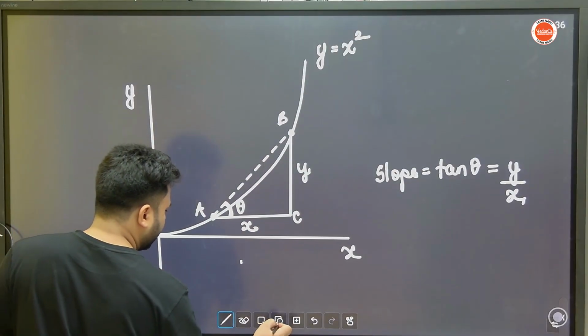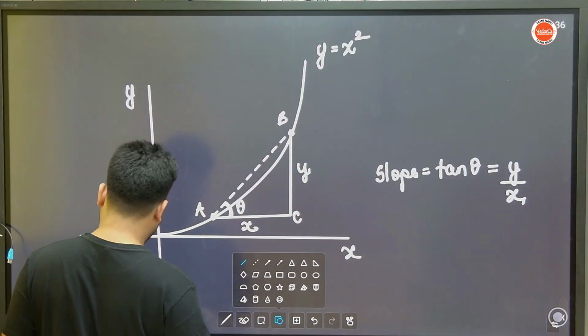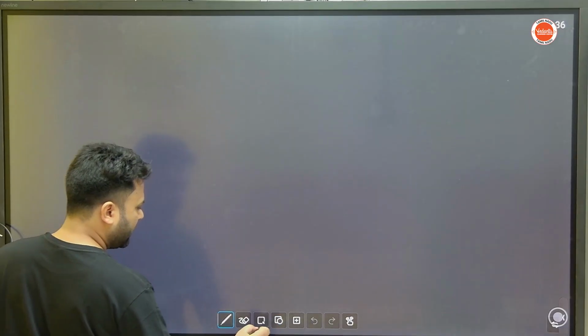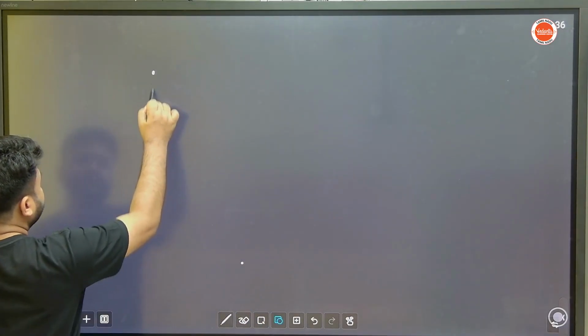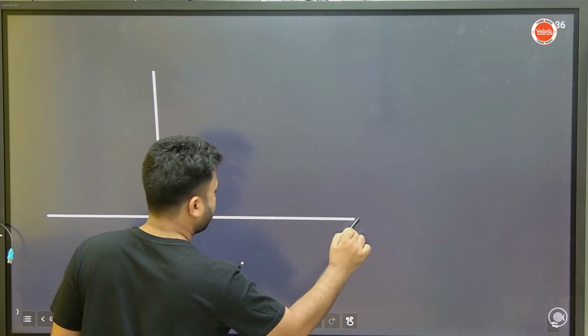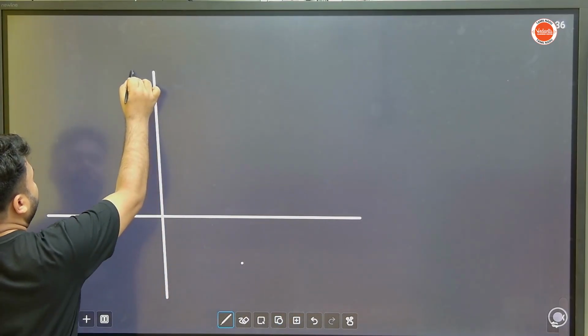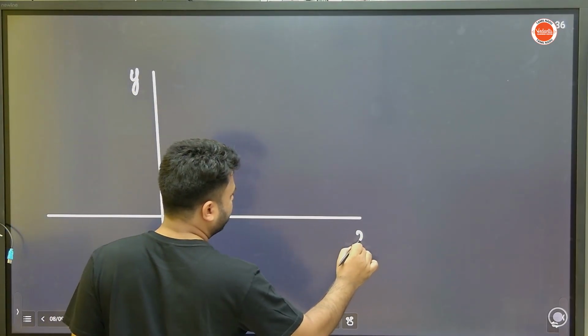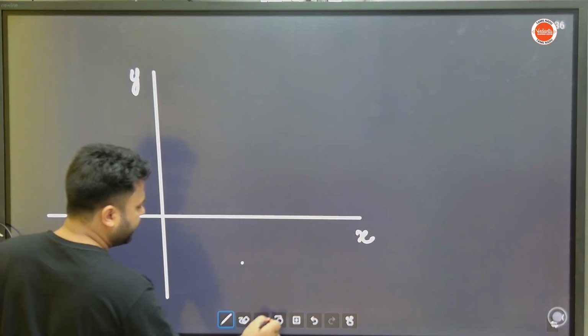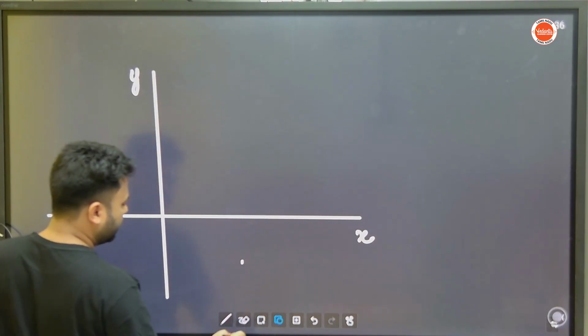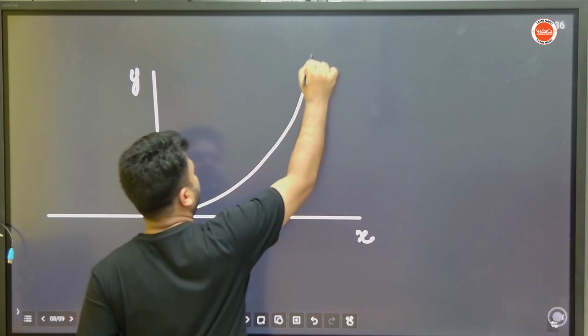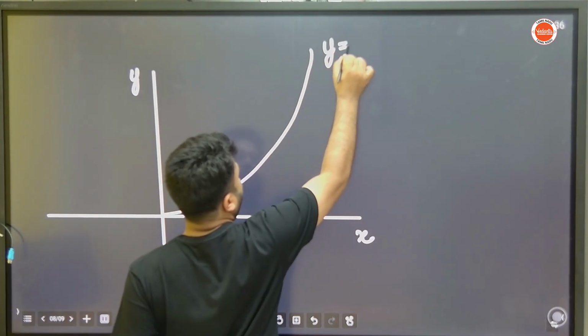But suppose there is a situation, this is y, this is x, and suppose there is a curve, again the same curve, y equals x square.